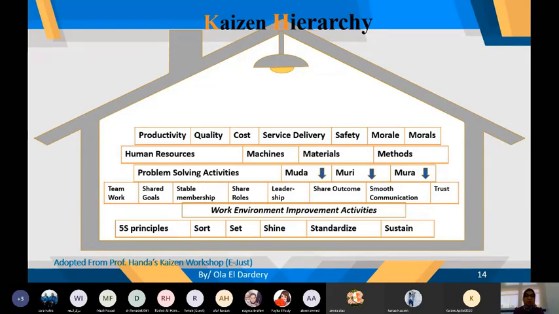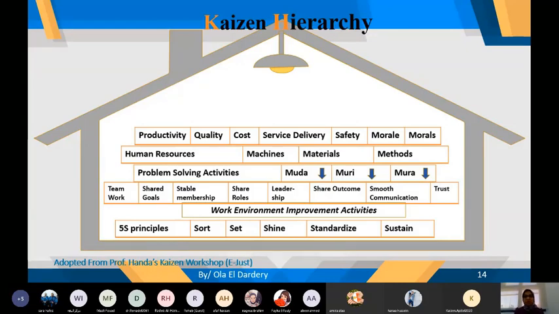The second thing is quality. As we said, when the Japanese started learning about Kaizen, they were perceived by the entire world as low cost, low quality. And after adopting Kaizen, they became higher quality with lower cost. So these are two very important aspects: to increase the quality, reduce the cost, and make sure that the service is delivered on time.